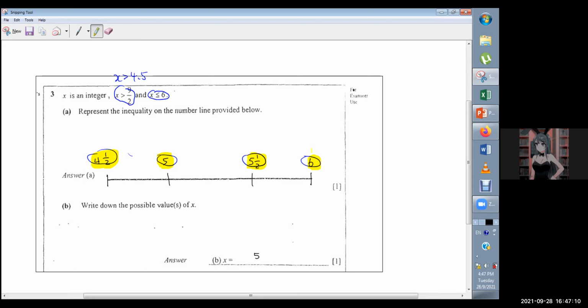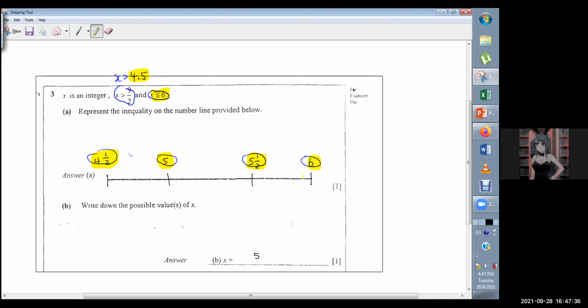Okay, you have no idea. Okay, don't worry. So number one, they give you 4.5 because can you see there is a 4.5 here? Yep. So because you have a 4.5, that means on your number line you need at least a 4.5. And next, you also have 6 here, right? So that means you need to have a 6 on the number line.